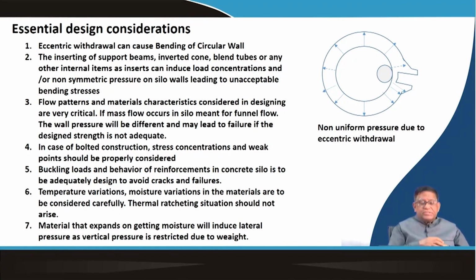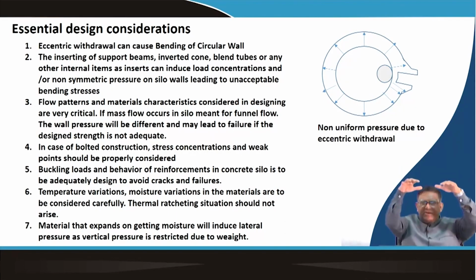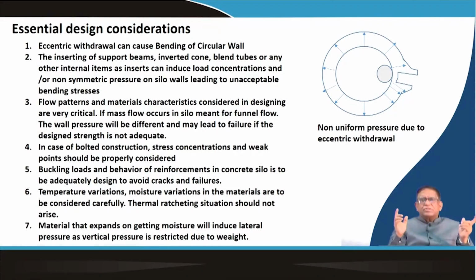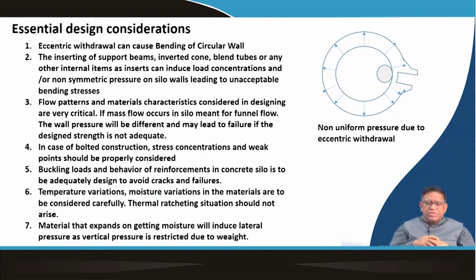If mass flow occurs in a silo designed for funnel flow, then there will be a problem. If your design is for funnel flow, the material should go like that, but if the whole material starts coming over there, the stress induced on the wall will be different, and if you have not designed for that, it may fail. Then in bolted construction, stress concentration and weak points should be properly considered. Then the buckling load behavior and reinforcements in a concrete silo are to be adequately designed.